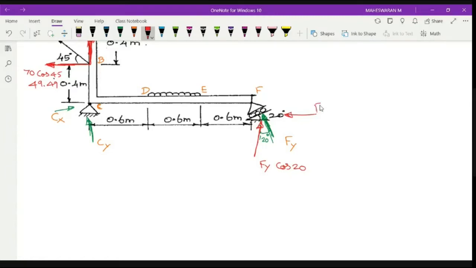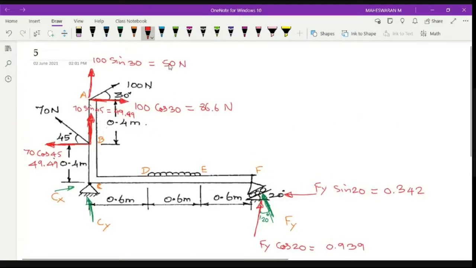Horizontal, it is Fy sin 20. So what are the values here? What is the value for cos 20? 0.93. What about Fy sin 20? 0.342. Yeah, thank you. So now I resolved all my forces.